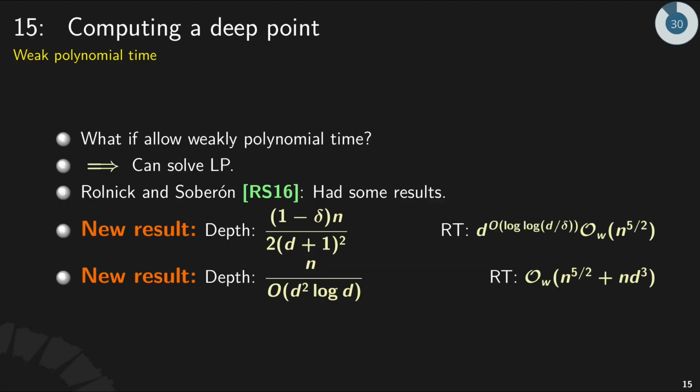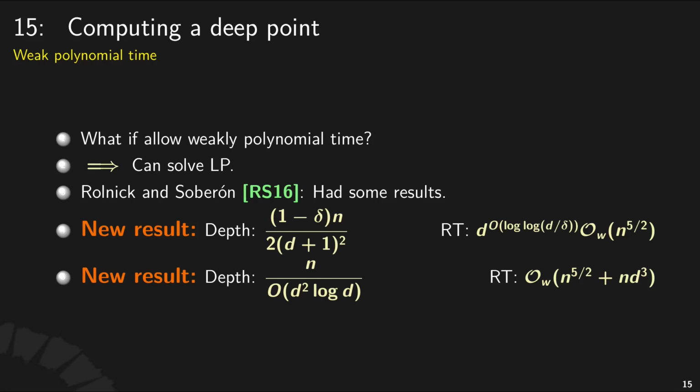Okay, what happens if we allow weakly polynomial time, right? Then we can solve a linear program. And if we are using linear programming, then it introduces a new powerful tool, and in particular, Rolnick and Soberón had some nice results using essentially LP.